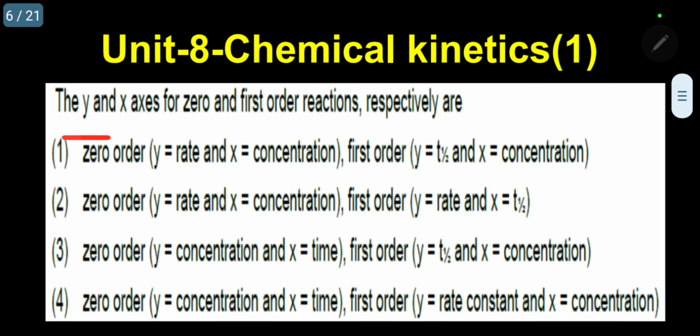That means zero order. In the case of zero order, y is the rate and x is the concentration. And first order, y equal to t half and x equal to concentration, this is the correct answer. So there is no theory required. Just from the graph we can assess.